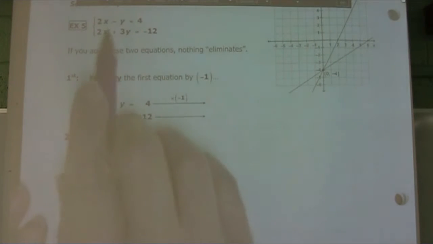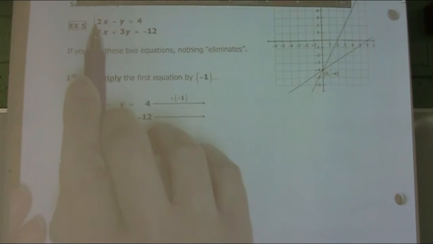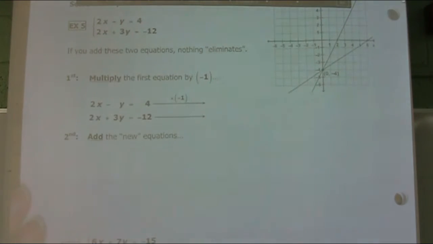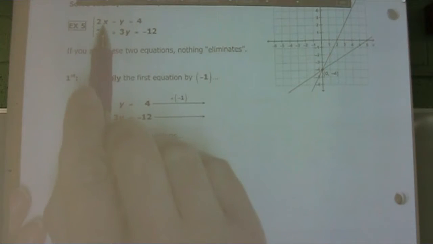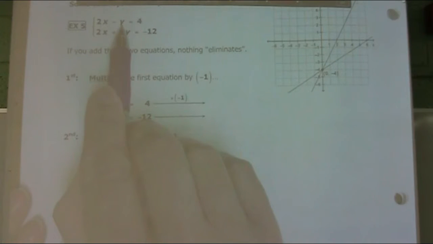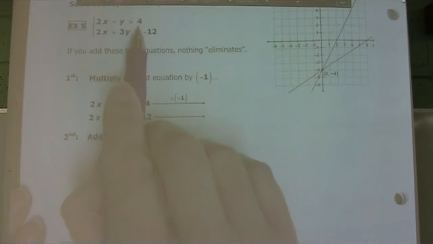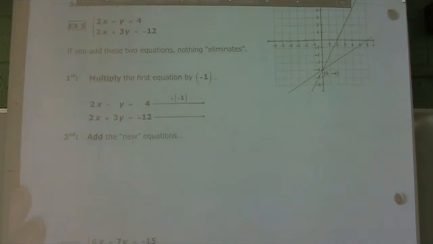So in order for this to be a negative 2x, I would need to multiply the whole top equation by negative 1. That means multiplying the 2x by negative 1, the negative y by negative 1, and the 4 by negative 1.